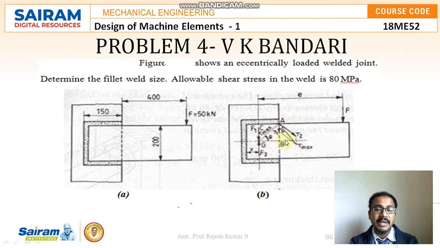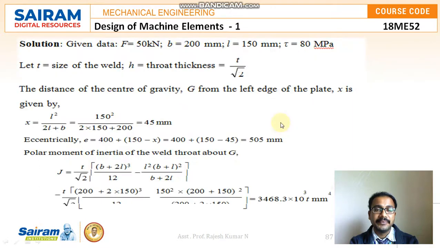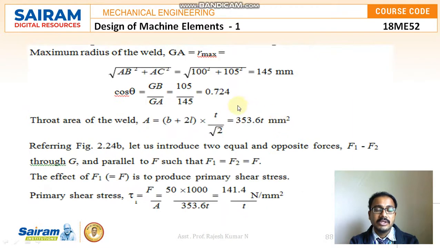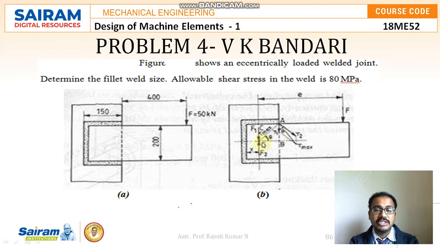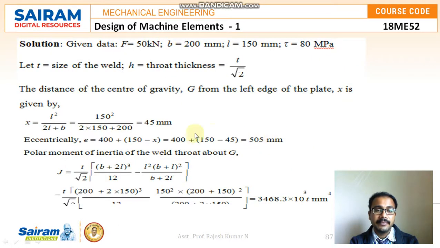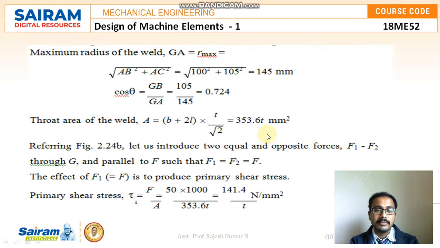So adjacent is GB and hypotenuse is GA, so it is 105 by 145. GB is 105 and GA is 145, taken from the trigonometrical calculation. So cos theta I get as 0.724.